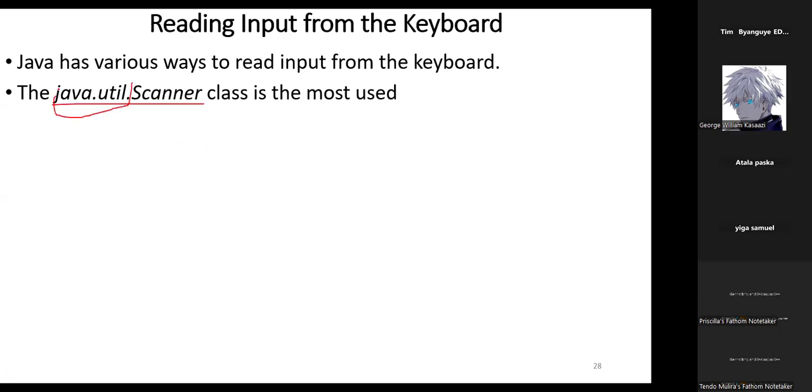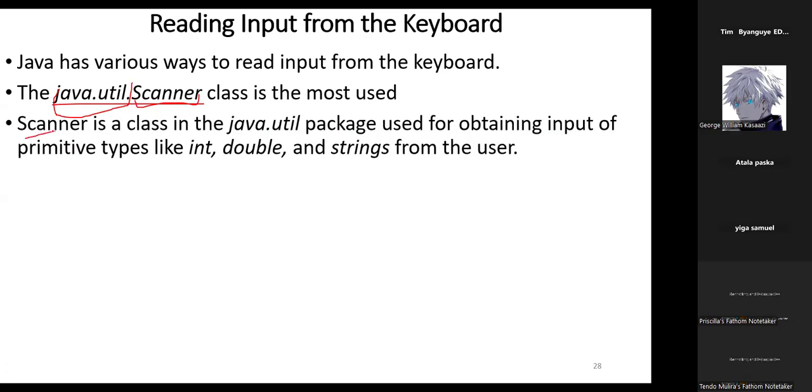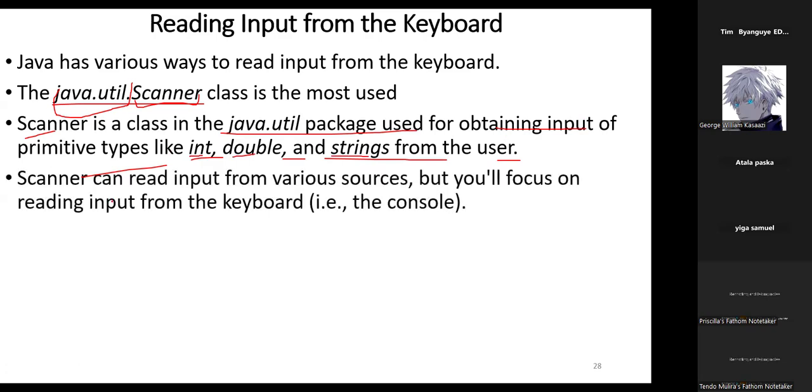It is found in this package, and this is the name that we want to use. The Scanner class is used to pick multiple pieces of data. We can pick integers, doubles, and strings, all of which are gotten from the user.